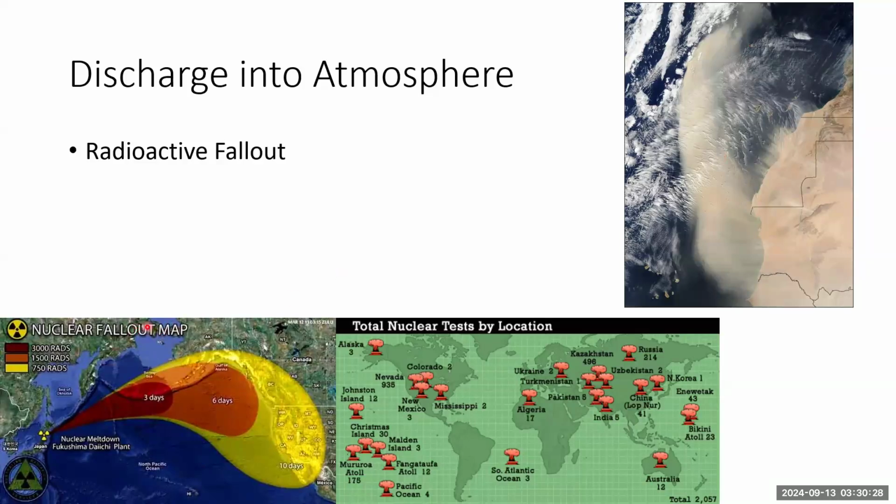Here, for example, I really wish I'd made this map bigger. This was one of the map tools we used to track potential radiation fallout from the 2011 Fukushima nuclear reactor meltdown, following the tsunami and earthquake.